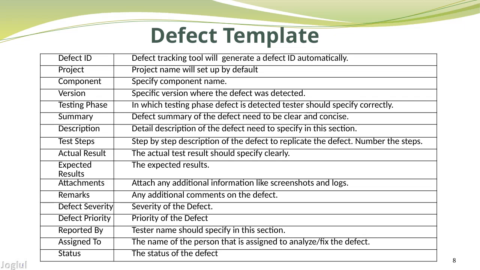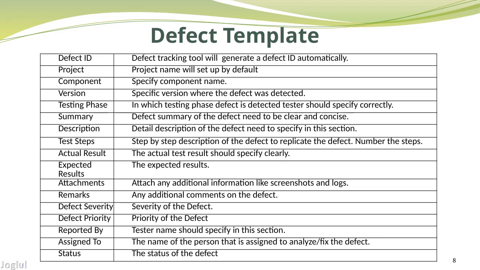Each defect recorded in the system is tracked using a standard template to ensure consistency and clarity. The defect ID is automatically generated by the defect tracking tool, making it easy to reference. The project and component fields specify where the defect was found, along with the version of the application in which it occurred.